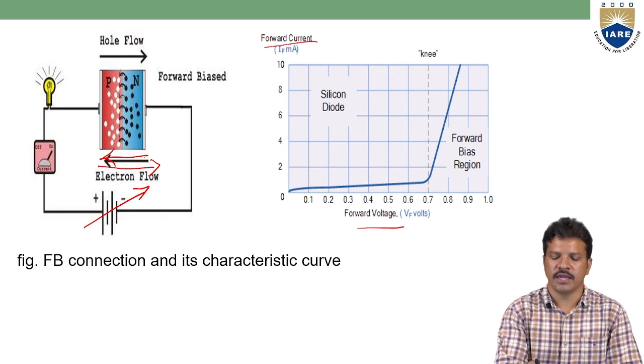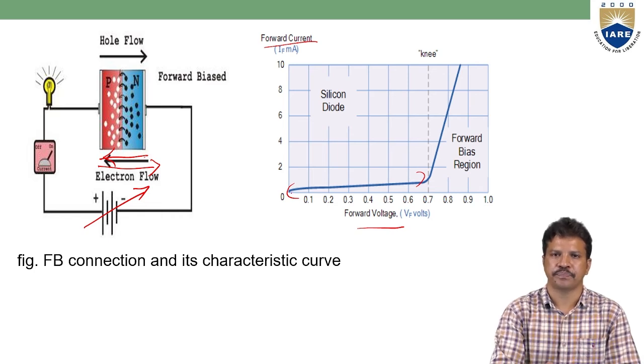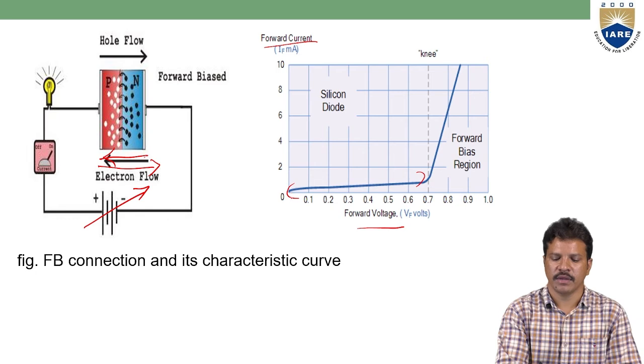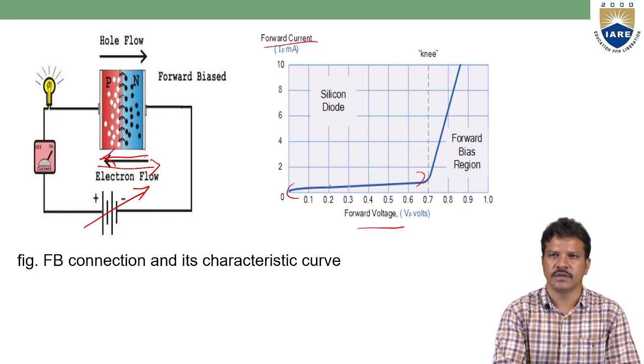So that is what we see in this graph. For giving 0.1 volts, 0.2 volts, 0.3 volts, there will be no significant change in the current flow in the p-n junction diode, because the junction already has an opposite polarity of voltage equal to 0.7.